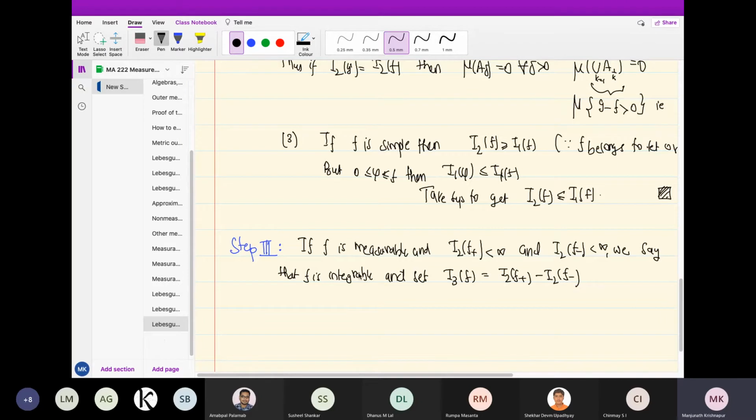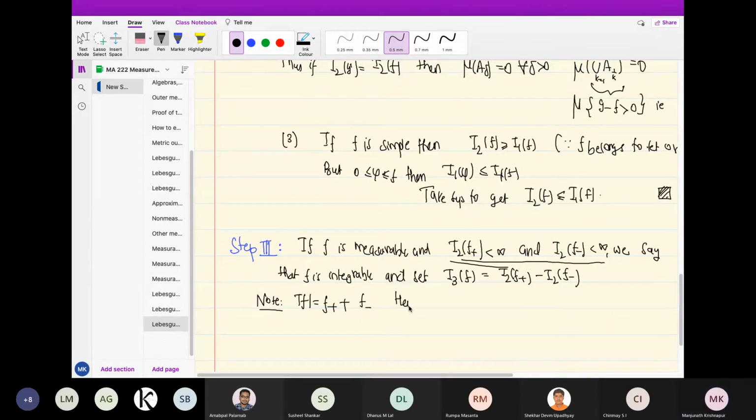One thing to notice here is that this condition is the same as, a point to note, mod f is f plus plus f minus.